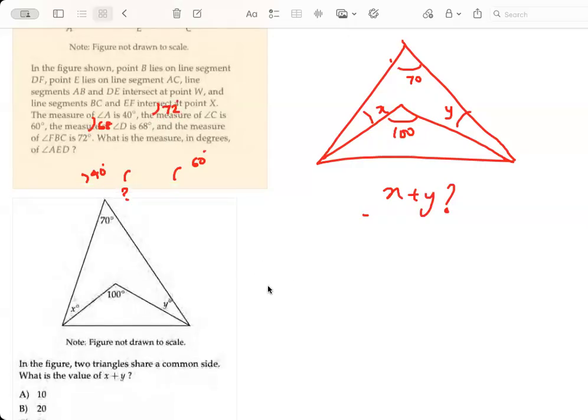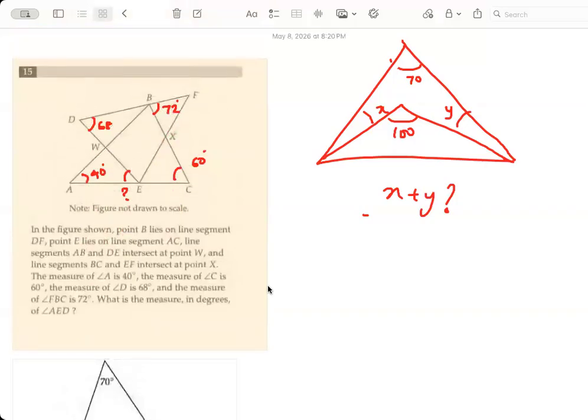Correct, ma. Shreya, the second one is correct. The first one, did you get it, Shreya? Oh, you had an answer. Okay. Can you explain the second one?